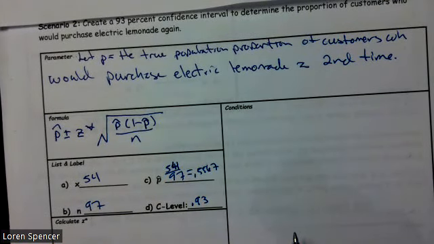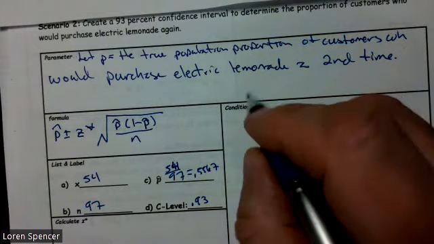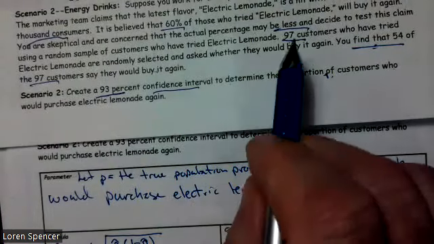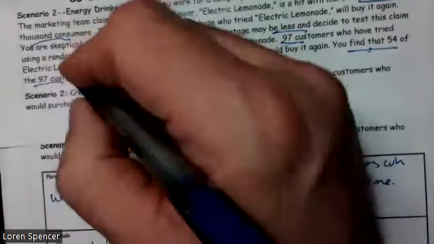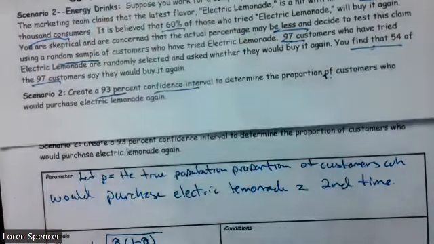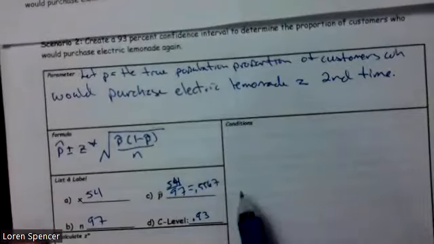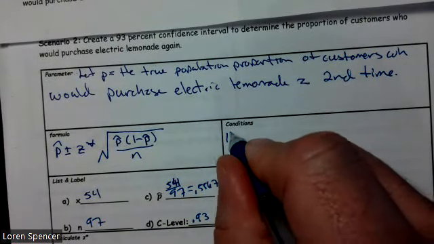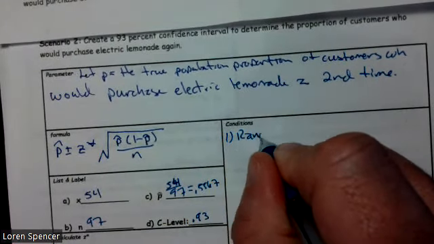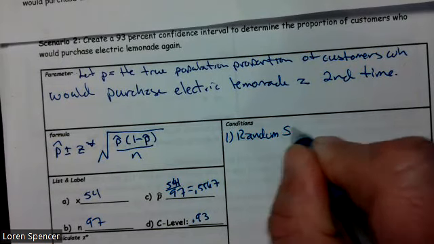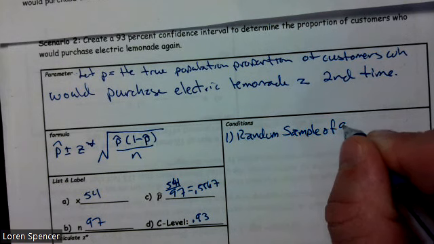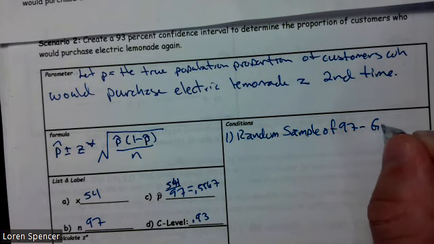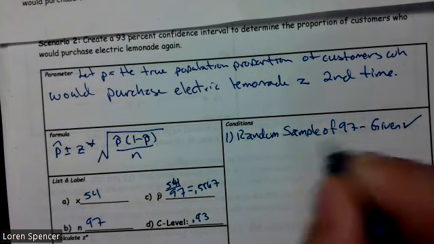So let's go to work on our conditions. What did they say? A random sample. That was important. So we have a random sample of 97, and that was given.